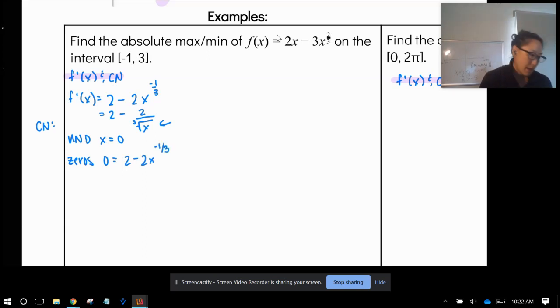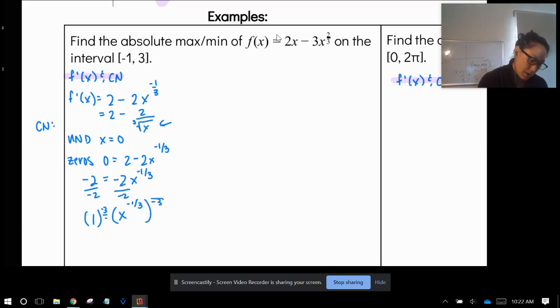Okay. And I get, let's move the 2 over. It's -2x to the -1/3. And then divide. So 1 is equal to x to the -1/3, and it seems easiest for me to just raise a power to a power, so I'm going to raise to a -3.